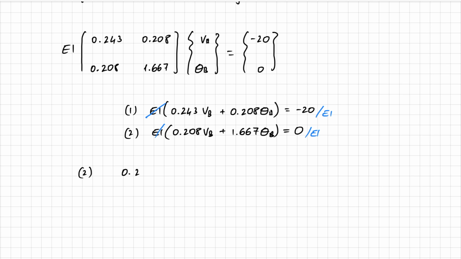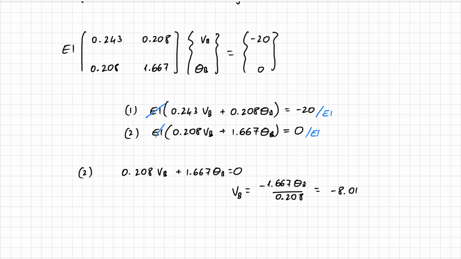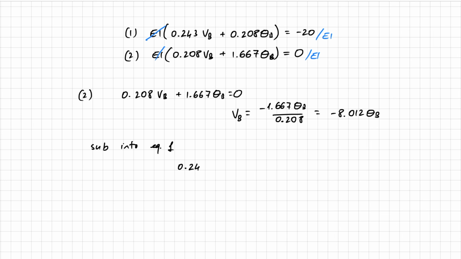So if I take that equation, 0.208 VB plus 1.667 theta B equals 0, and isolate VB, VB is minus 1.667 theta B divided by 0.208, and that gives me minus 8.012 theta B. I can take that and sub into equation 1, and if I do that I get 0.243, and instead of VB I introduce minus 8.012 theta B, and then I've also got plus 0.208 theta B, and that all equals minus 20 divided by EI.